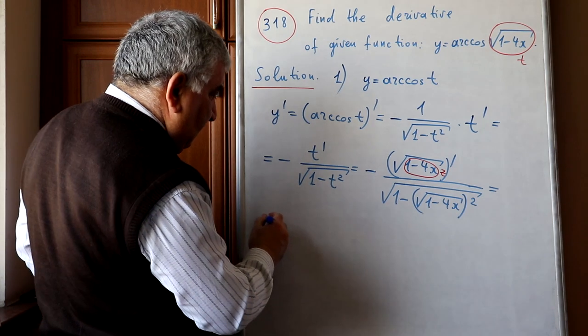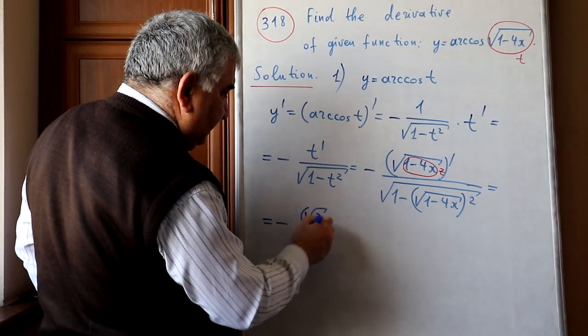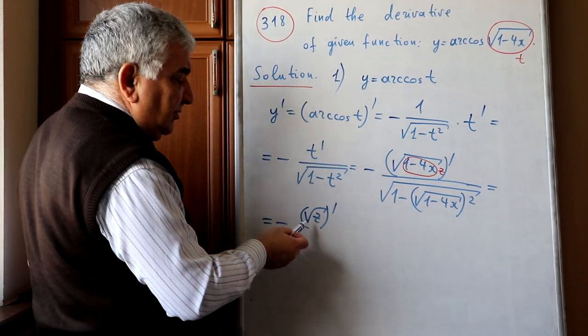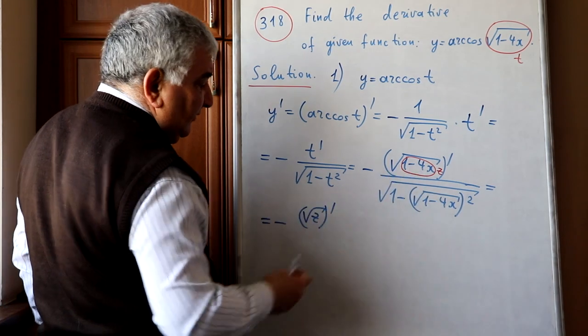Equals minus square root of z prime. It is a composite function because z also is a composite function.